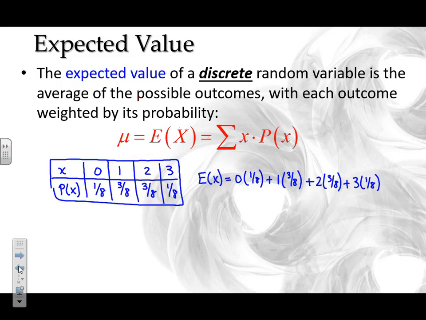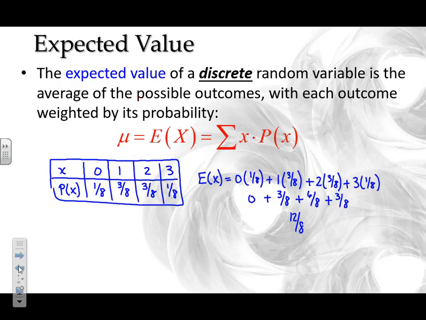So if we were to take these and plug them in, you can either use your calculator or just work it out in your head. So 0 times 1/8 is going to go to 0, plus 1 times 3/8 is going to be 3/8, 2 times 3/8 is going to be 6/8, 3 times 1/8 is going to be 3/8. So if we take our 3/8 plus 6/8 plus 3/8, we get 12/8.